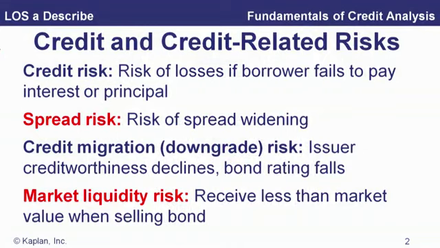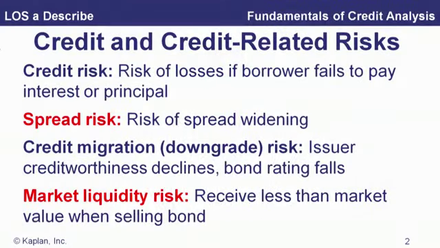So that said, let's jump on in and talk about credit risk and start to define it and the components of it. So credit risk is the risk of loss if the borrower fails to pay interest or principal. That part is pretty straightforward here. Spread risk is the risk of the spread widening. Now, we talked about that credit spread. We could talk about the nominal spread between the yield to maturity on BBB corporates versus the government bonds of the same maturity.